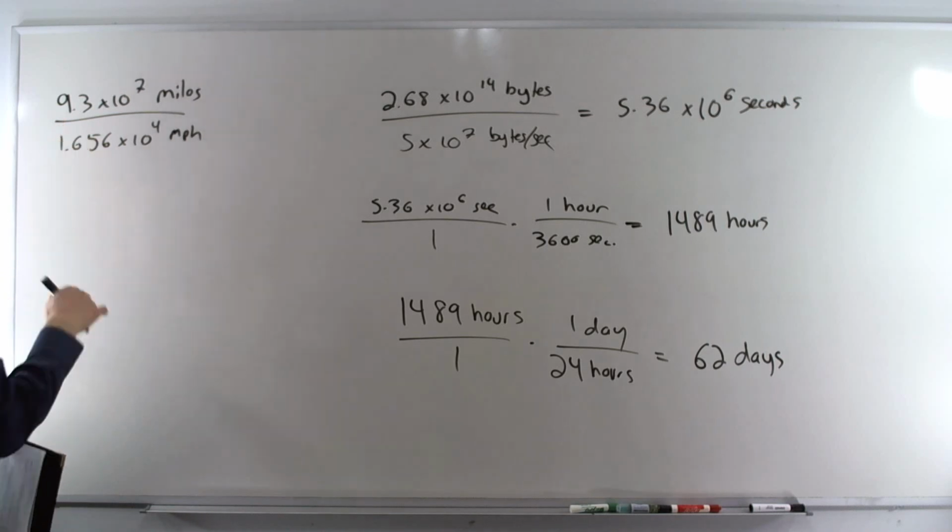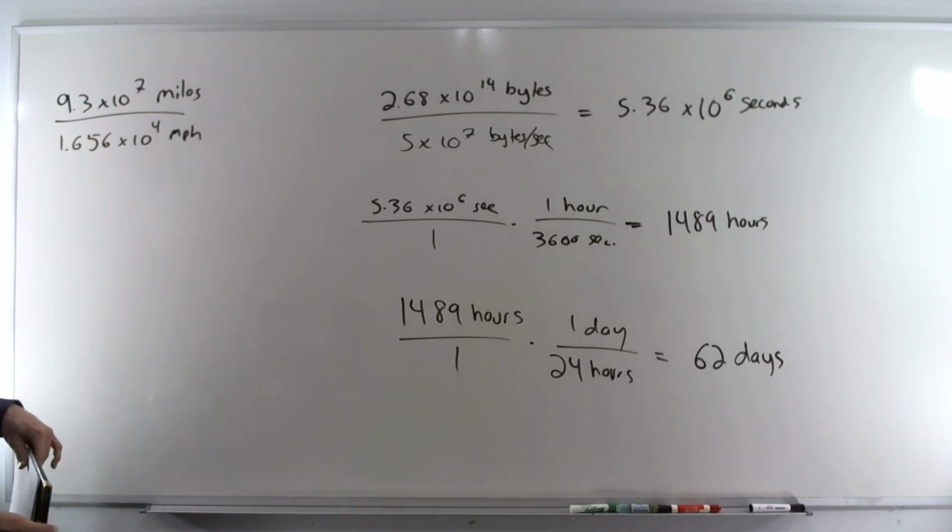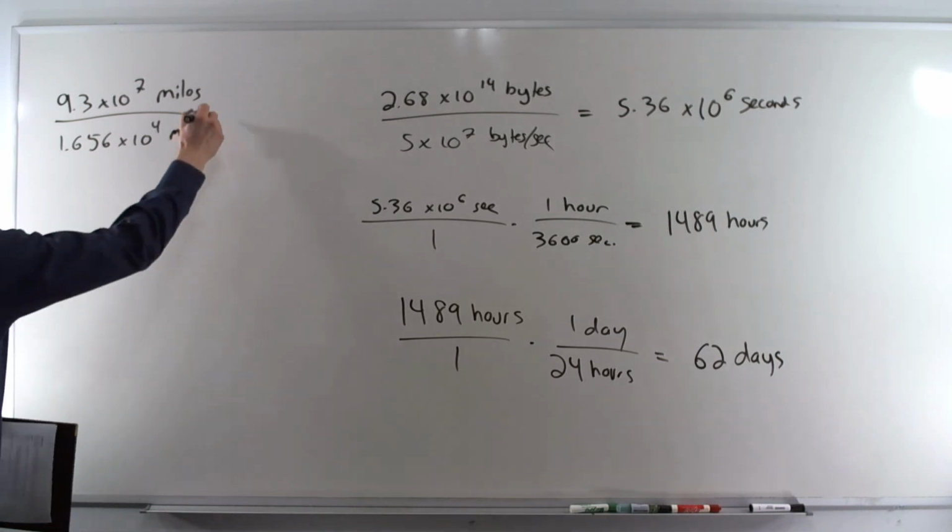So we'll divide 9.3 times 10 to the 7th miles, the distance to the sun, divided by the speed, 1.656 times 10 to the 4th miles per hour. Divide those out.